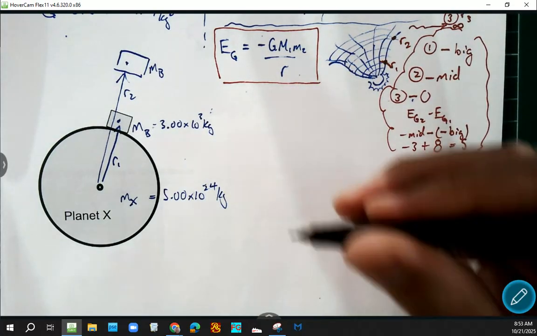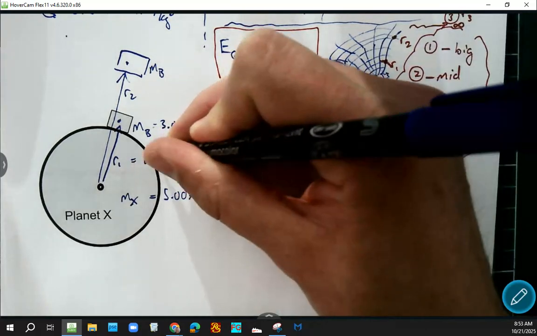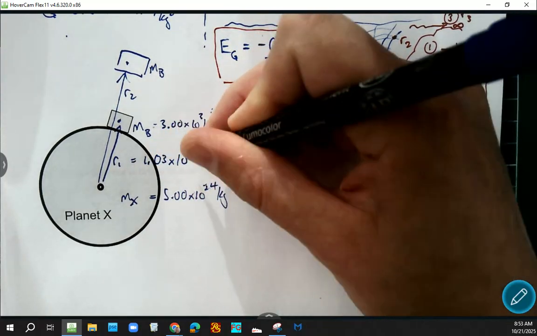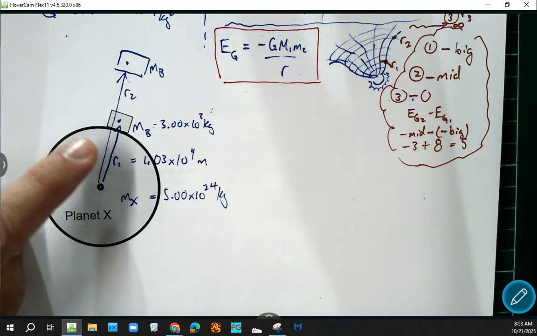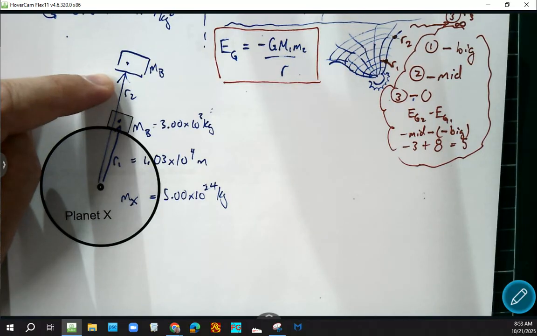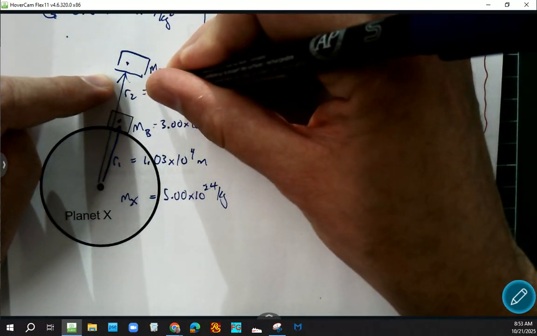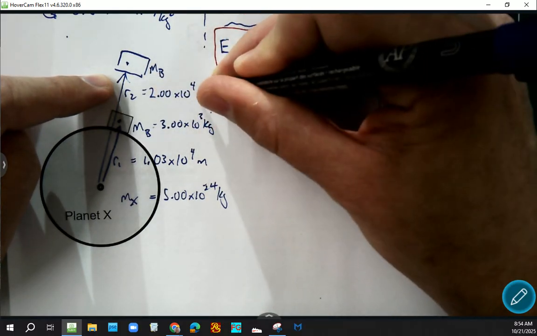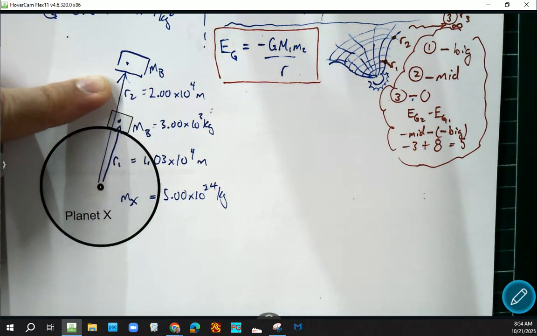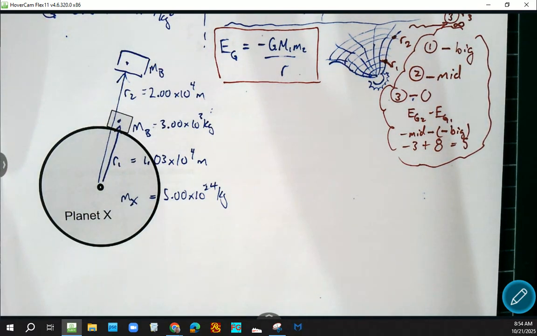And we'll say that the radius of this planet, this isn't Earth, remember, is 1.03 times 10 to the power of 4 meters. But by the time I get it all the way up to R2, it's a distance of 2.00 times 10 to the power of 4 meters away from the center of planet X. Okay, so we've elevated this thing roughly 1 planetary radius away from where it started.